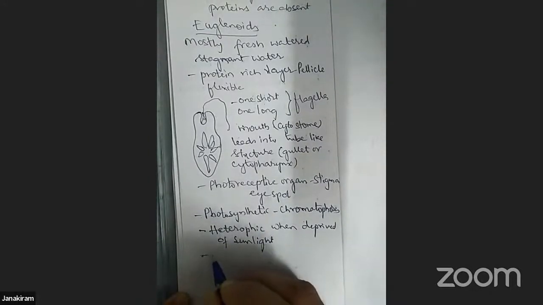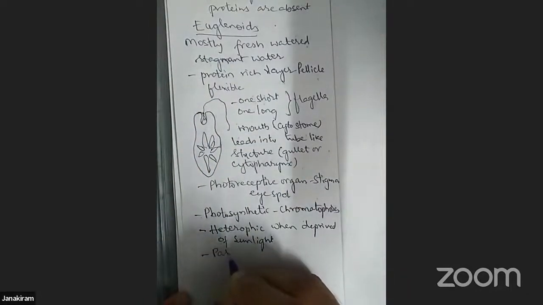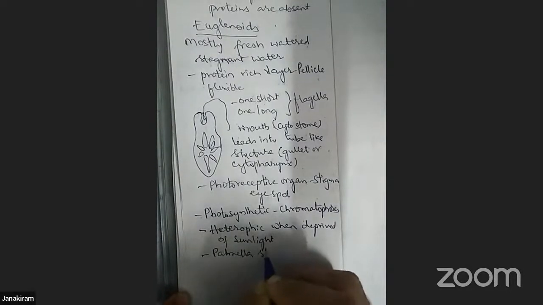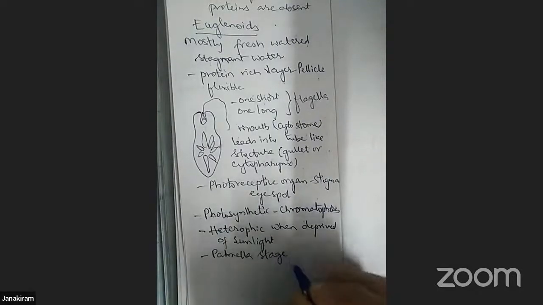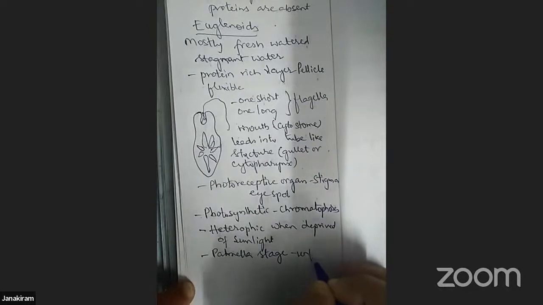And whenever unfavorable conditions are there, they will lose the flagella and are converted into non-motile structures called the palmella stage. That is formed during unfavorable conditions.